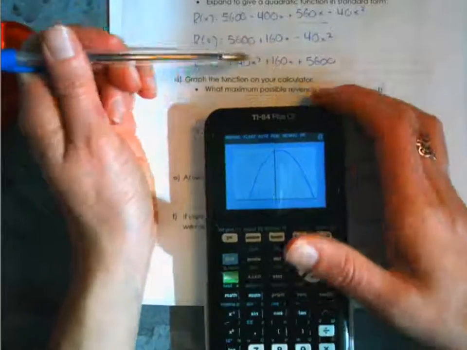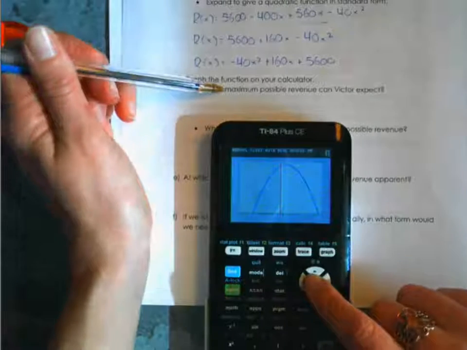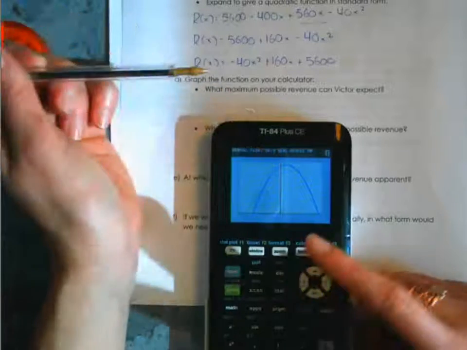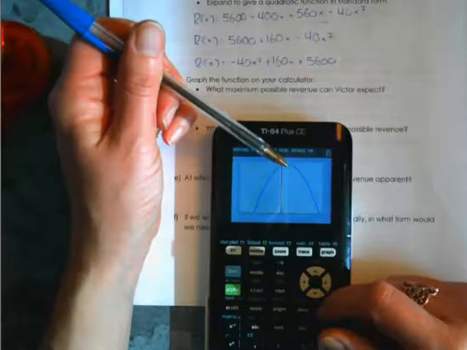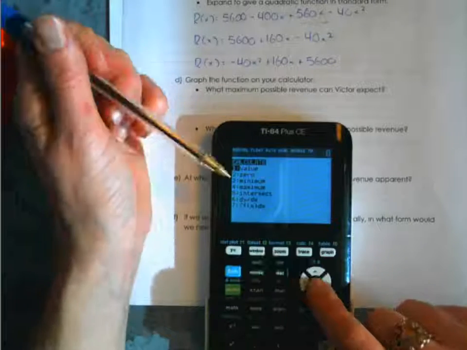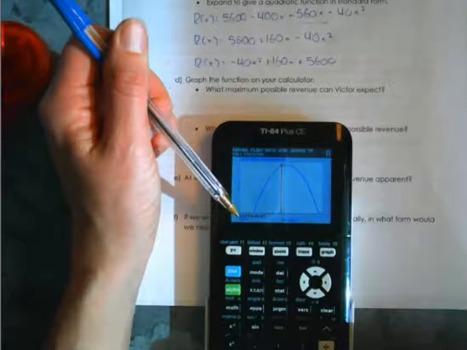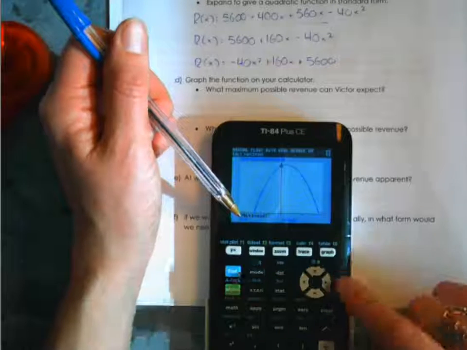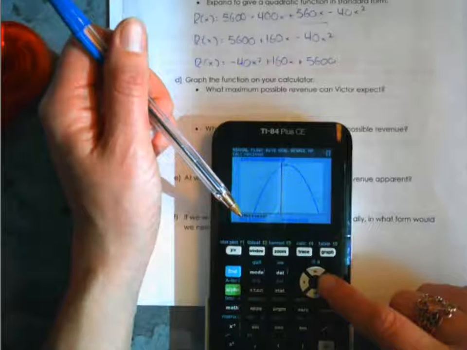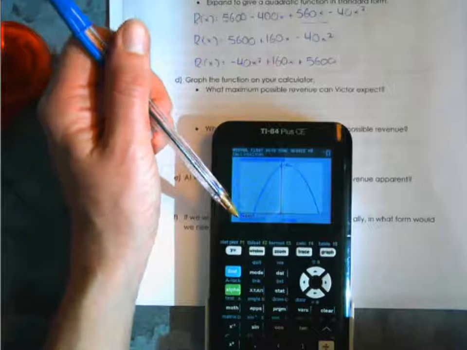Okay, so the first question is, what is the maximum possible revenue that Victor can expect? Okay, so where are we going to find maximum? Obviously at the very top, right? So remember, that means we want to go second function, trace. We want to find the maximum, enter, and it's going to ask you left bound, and we're to the left of the peak, so we can hit enter. Then it's going to ask you right bound, so make sure you scroll over to the right, and then guess, enter again.